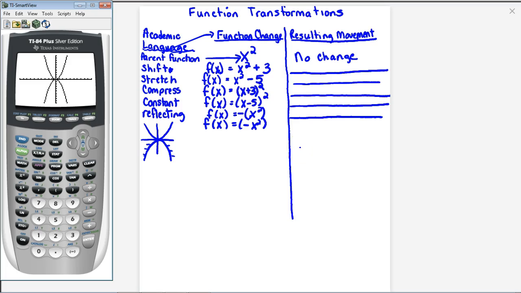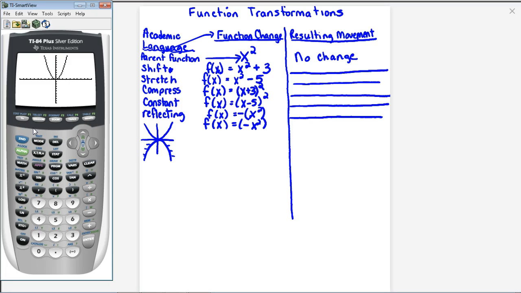So let's see what it looks like. And what that means is every x value is going to be the exact opposite x value. Okay. And delete this out. And now as you can see, I re-entered in parenthesis, then negative x, parenthesis, then squared. And if we graph that, we have our parent function and that function.